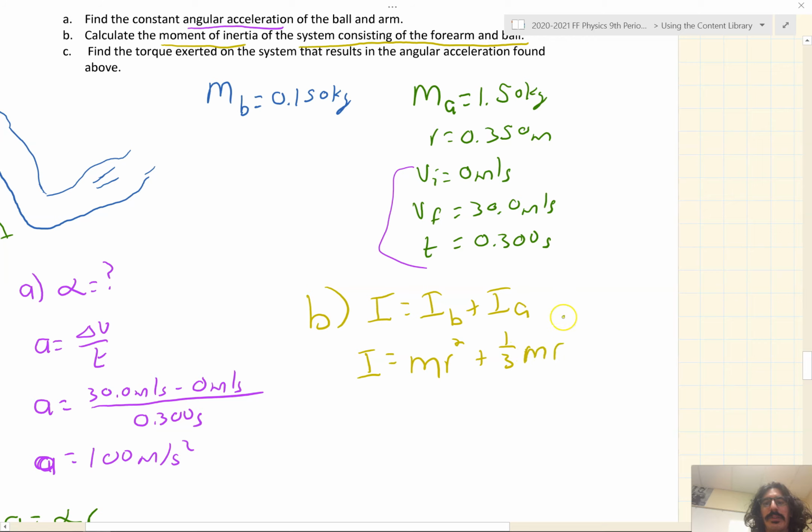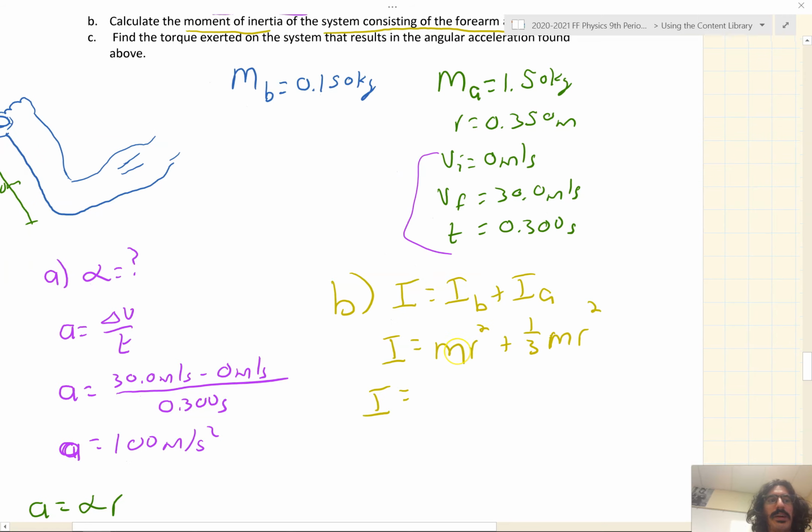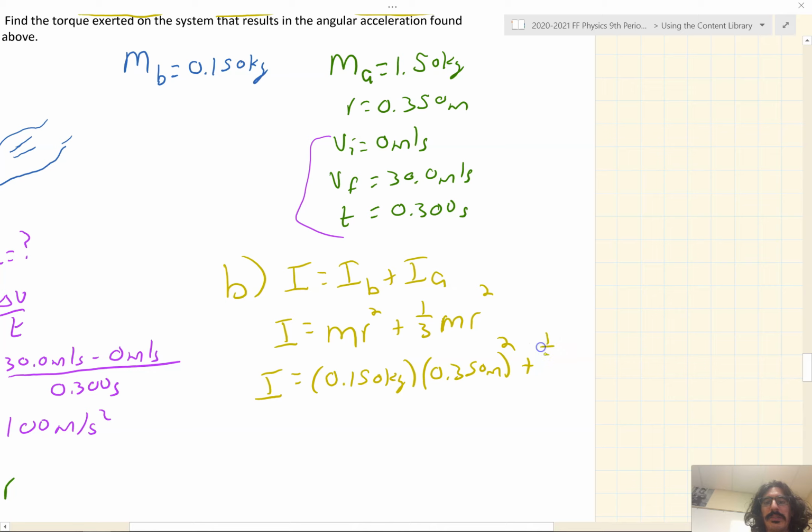1/3 mr squared. So now we just plug and chug. The ball's mass is 0.150 kilograms times r, 0.350 meters squared, plus 1/3 times the mass of Melissa's forearm times 0.53 meters squared.